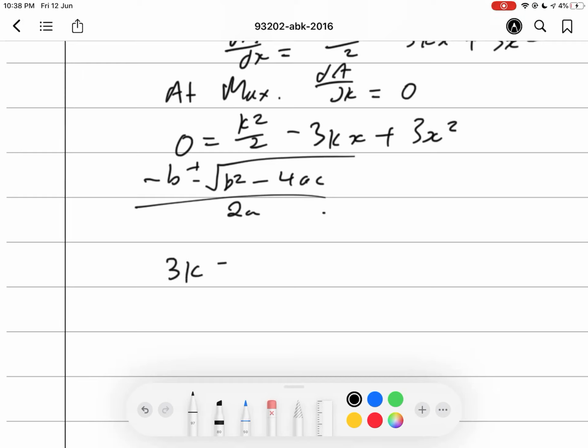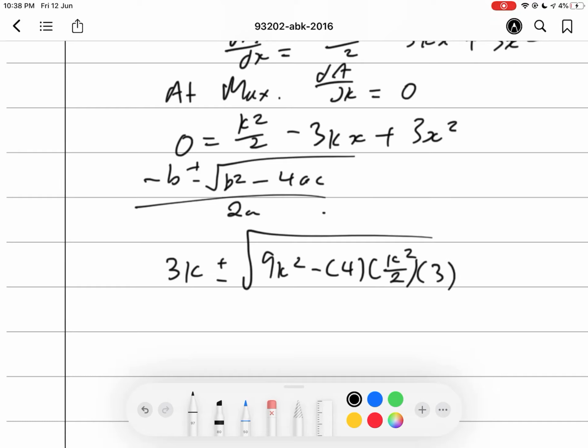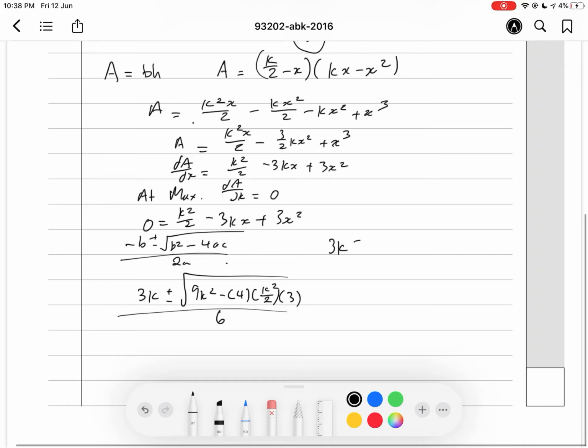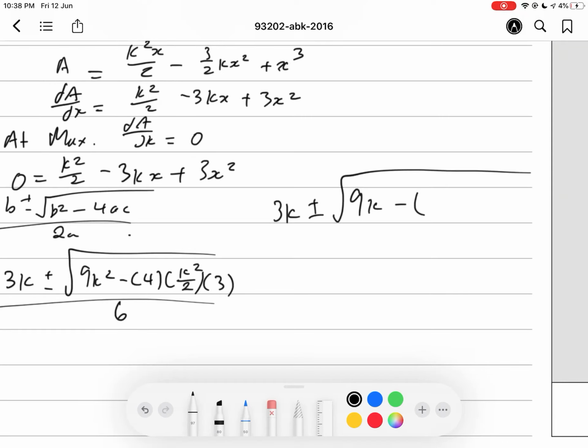Negative b is just 3k, plus or minus the square root of 9k squared minus 4 times the a value, which would be k squared over 2. Sorry, that's not a, that's our c value. I apologize, our a value is actually 3. And that's divided by 2a, which is 6. So this becomes 3k plus or minus the square root of 9k squared minus 12 times k squared over 2.